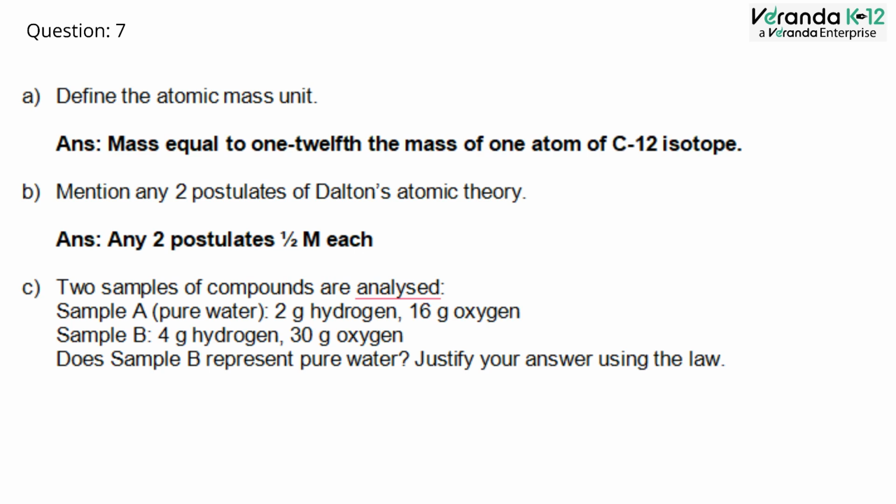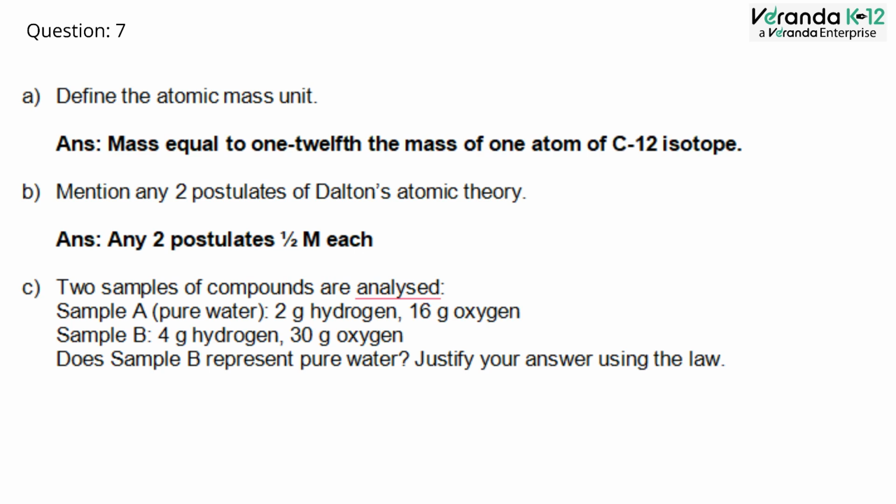Sub-question B, mention any two postulates of Dalton's atomic theory. Here, students can mention any two postulates out of 5 to 6 postulates which are given in the textbook. It might be that matter is made up of tiny particles called atoms, or atoms are indivisible particles which can be neither created nor destroyed.